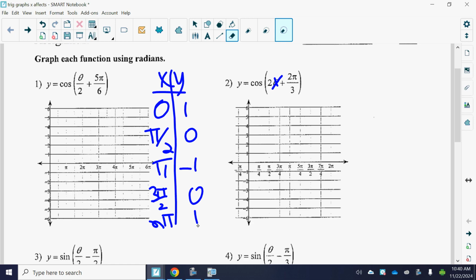Is the y going to be affected, Baines? I see a what on the outside and a what in front of the function. So take all of these and times them by 1, and add 0.